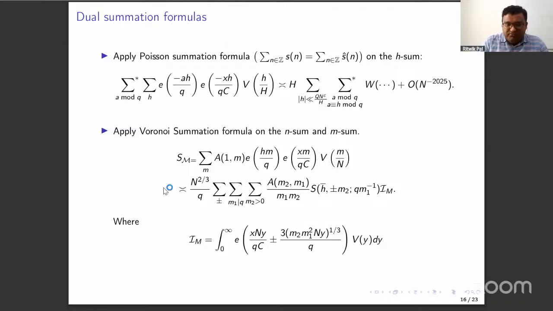This is the transformed Voronoi summation formula after a few transforms of the right hand side. Because this also involves special functions, the Voronoi summation formula involves the Bessel functions of the first kind and also the modified Bessel functions of the second kind. And for transformation of the right hand side, one needs to use the properties of the Bessel functions.